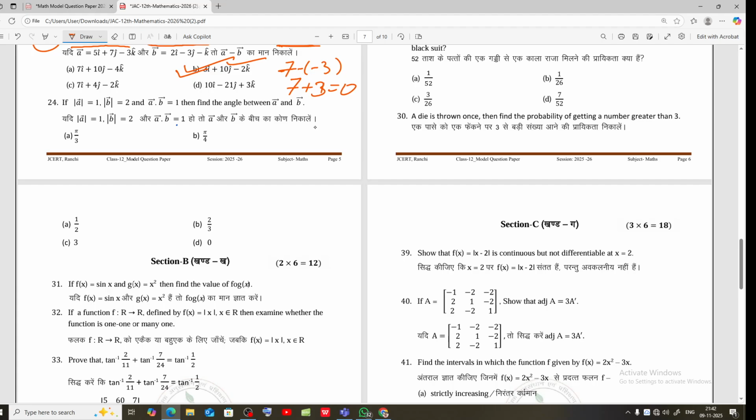Question 24. The magnitude of vector A equals 1 and the magnitude of vector B equals 2. The dot product of A and B is 1.